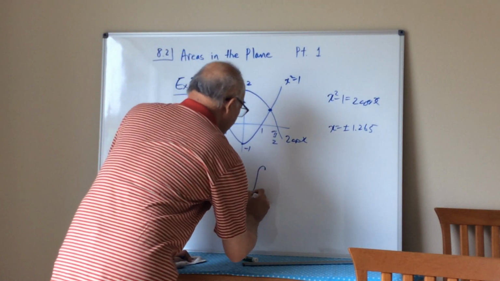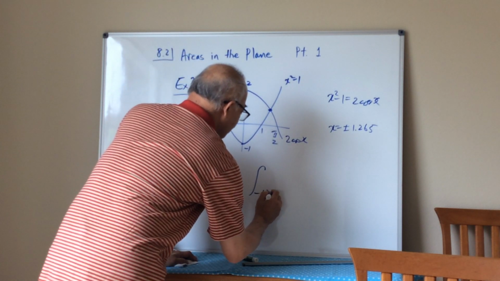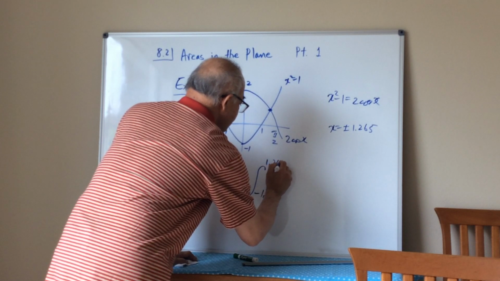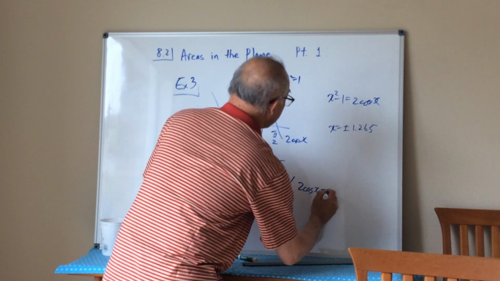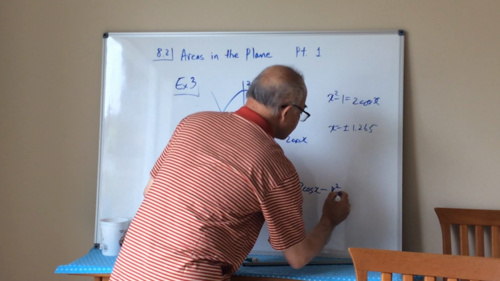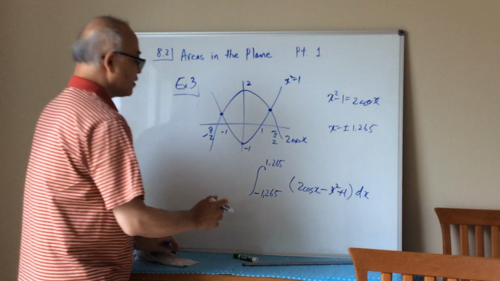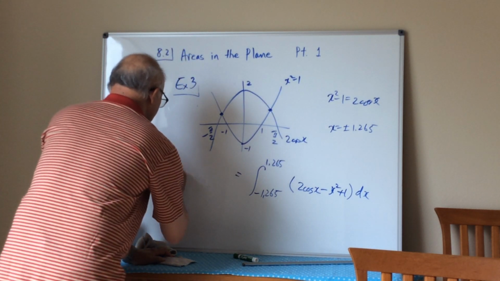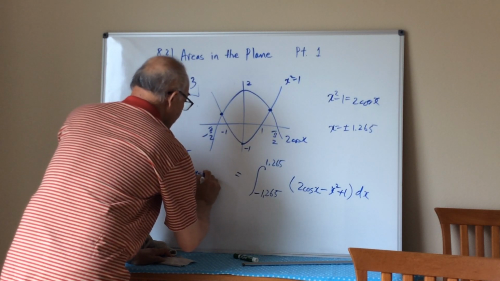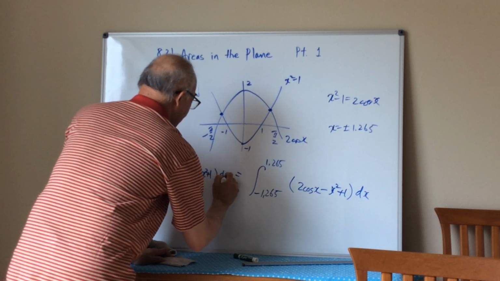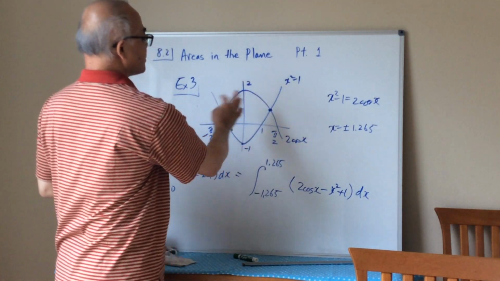So we go from negative 1.265 to 1.265 of 2 cosine x minus x squared minus negative 1, so it's plus 1, dx. Alternatively, you can also see that this is the same as 2 times the integral from 0 to 1.265 of 2 cosine x minus x squared plus 1 dx, because both of these functions are symmetric across the y-axis.